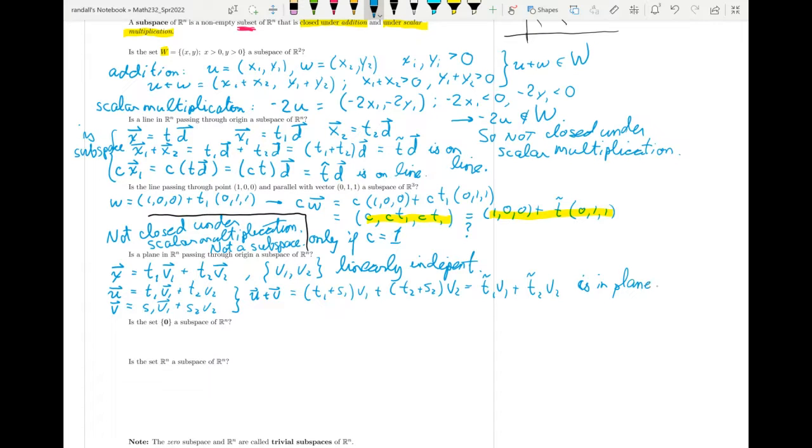So it is a combination of V1 and V2. I took two arbitrary vectors in the plane, added them together, and got another vector in the plane. So it is closed under vector addition.